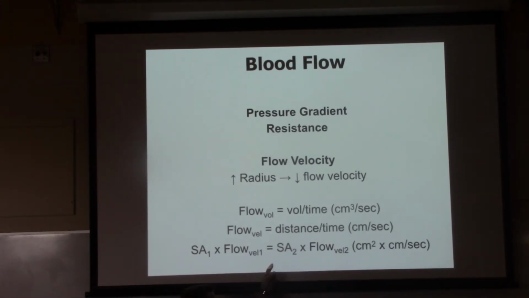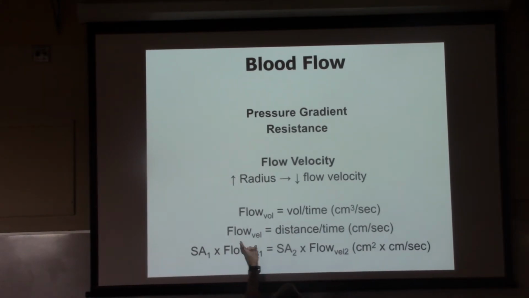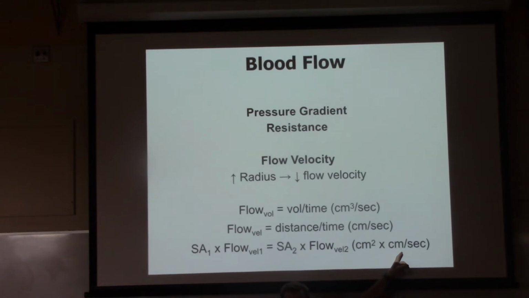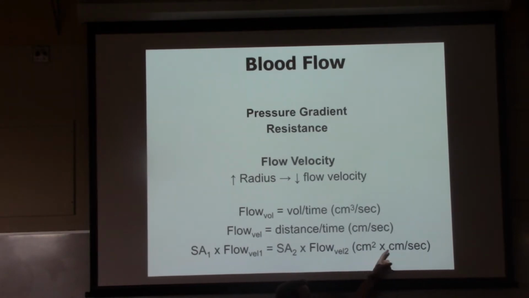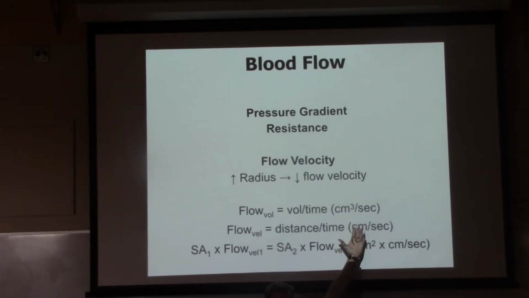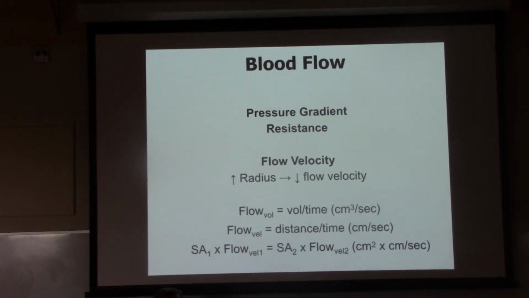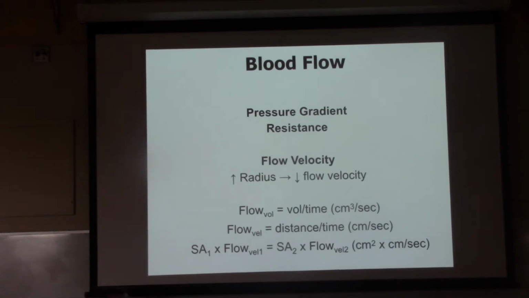The units for surface area are centimeters squared. The units for flow velocity are centimeters per second. Centimeters squared multiplied by centimeters per second gives you centimeters cubed per second. So the units work out. Right? So both sides are going to be equal to each other. One represents area 1 along this vessel. 2 represents some other place in that vessel.